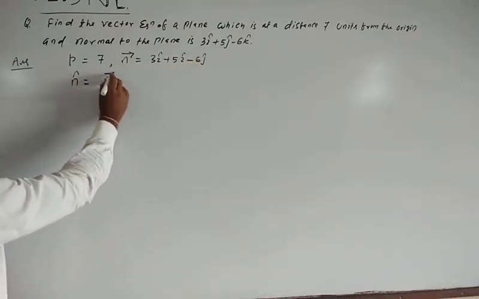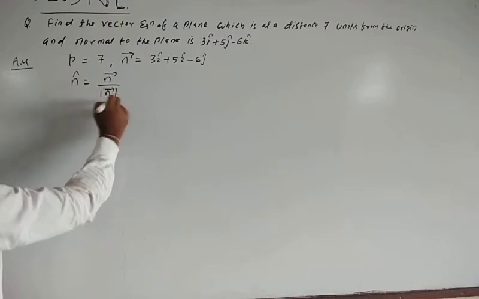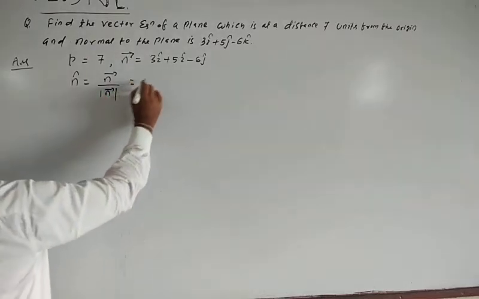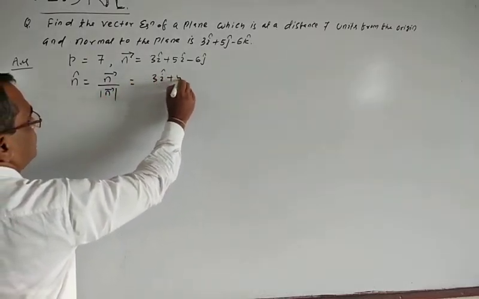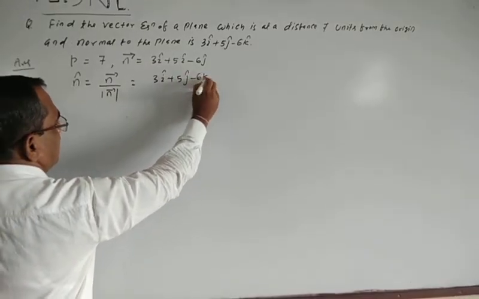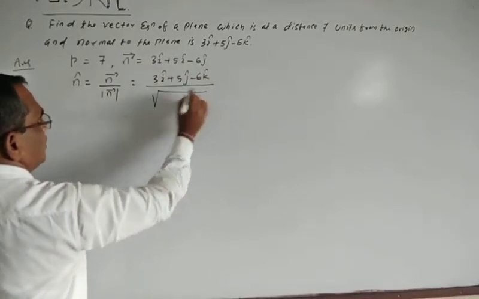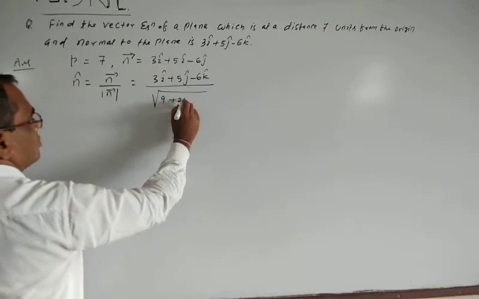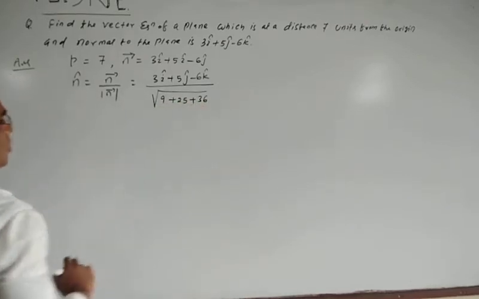So n cap is equal to n vector by n vector magnitude, and this is equal to 3i cap plus 5j cap minus 6k cap by root of 9 plus 25 plus 36.